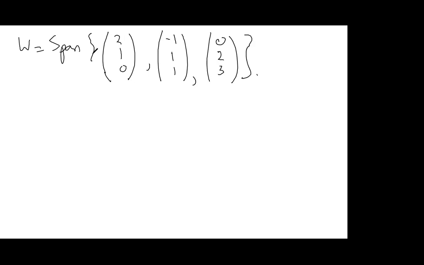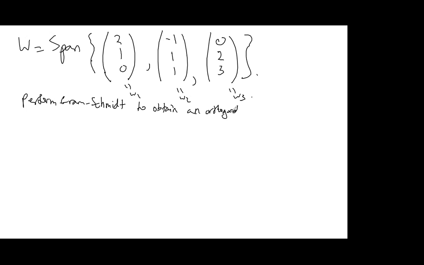The calculations might be a little messy, but let's just figure this out. W1, W2, W3, and let's perform Gram-Schmidt to obtain an orthogonal basis V1, V2, and V3 for W.